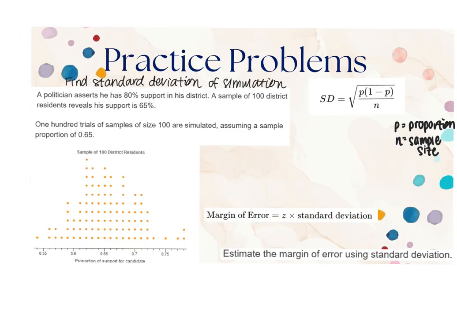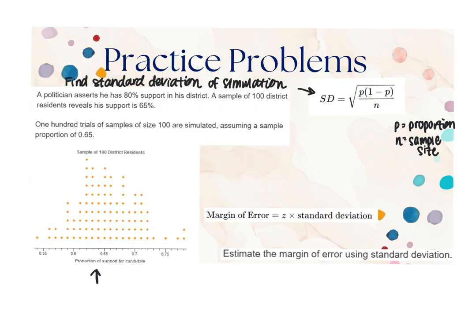The next example is a problem where you are looking to find the standard deviation of a simulation. Remember, in a simulation, we have the population, which is your real world group that you want to know, and then we have our sample, which are the simulated trials or outcomes that you generate. So this table right here represents our sample. Whenever we're looking to find the standard deviation, we're going to use this formula right here.